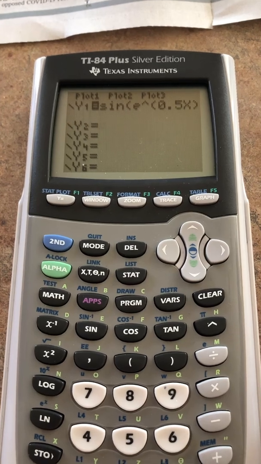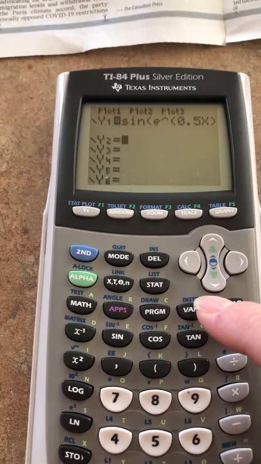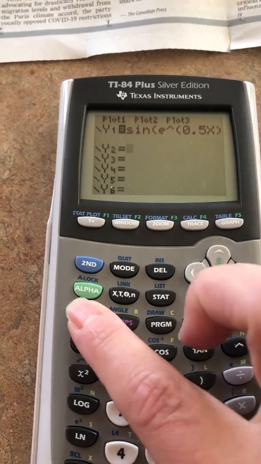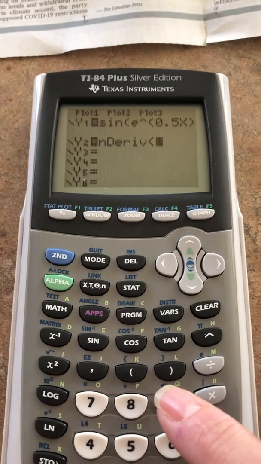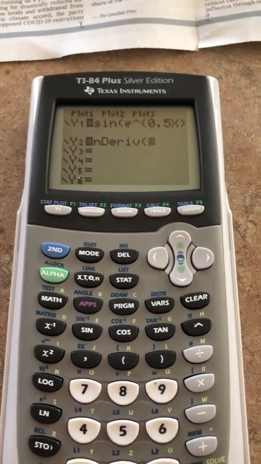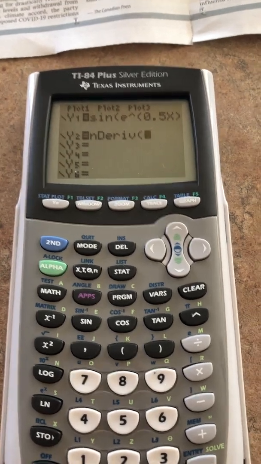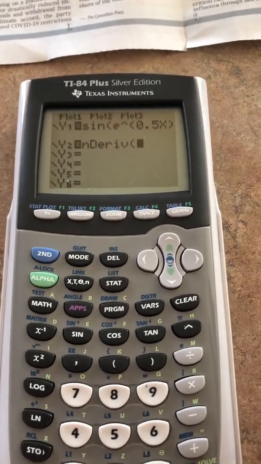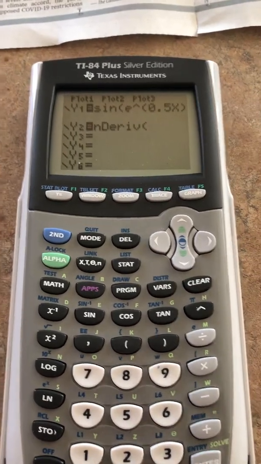Then y2 is going to be the derivative. So you're going to be doing math, number 8 for the derivative function. Mine doesn't have the fancy setup, some of yours do, so some of you will have it fancier. But the keystrokes will pretty much be the same. You're going to be putting in y1 because you're finding the derivative of y1.